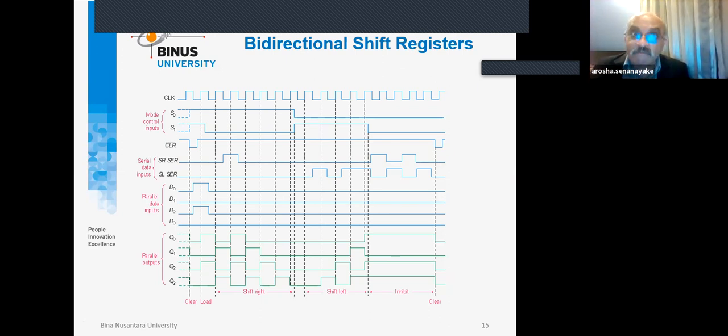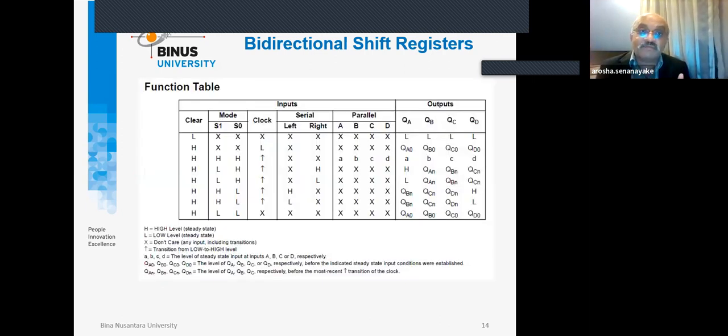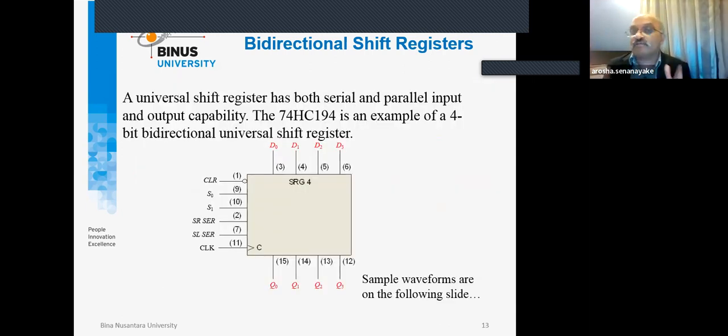If it is 5 megahertz frequency, T is 1 over F. Based upon that, despite this being an IC, it does not guarantee that shifting will occur by just putting data through D0, D1, D2, D3.